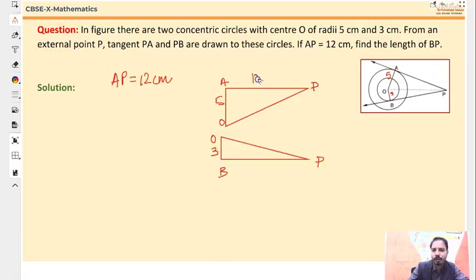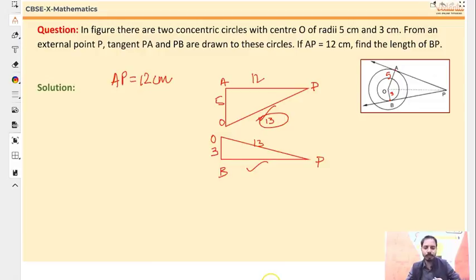AP is given as 12. So what will be this, guys? This is the square root of this square plus this square, so this will become 13, I hope. And if this is 13, from here you can easily find out the length of BP. So this is a simple question.